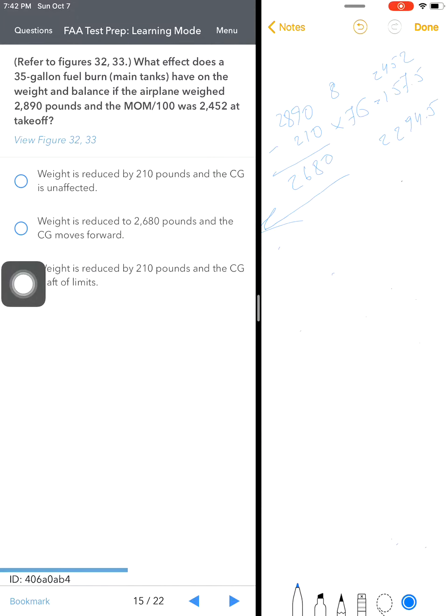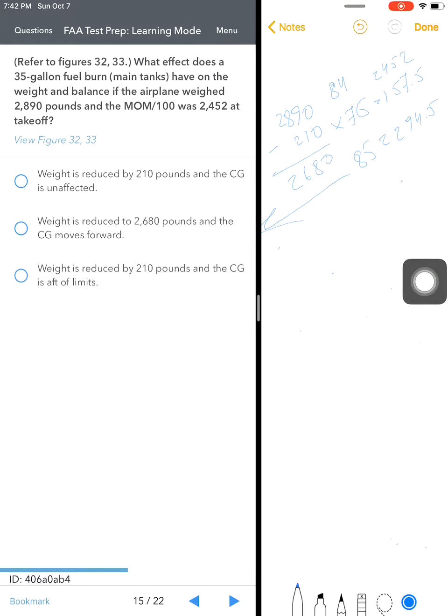So this point is 84, and then now we got the new one, 2294.5 divided by 2680 comes up to 85.